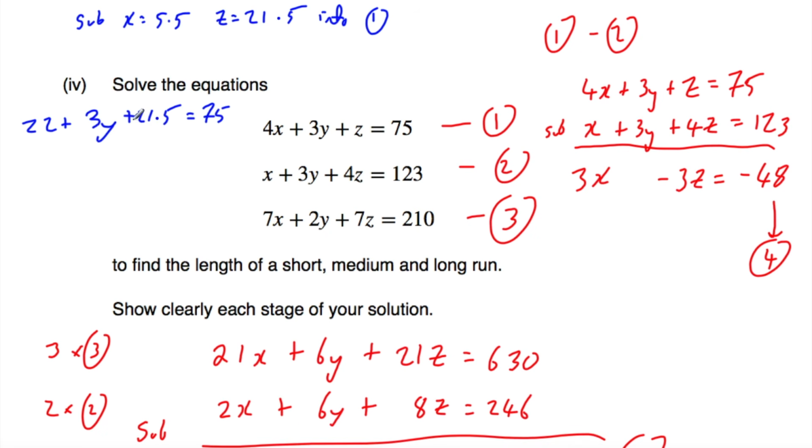And then 22 plus 21.5 is equal to 43.5, and then we've got our plus 3y equals 75. If we take the 43.5 away from 75, that's equal to 3y would be equal to 31.5, and then if we divide by 3, we get 10.5. So y is equal to 10.5.